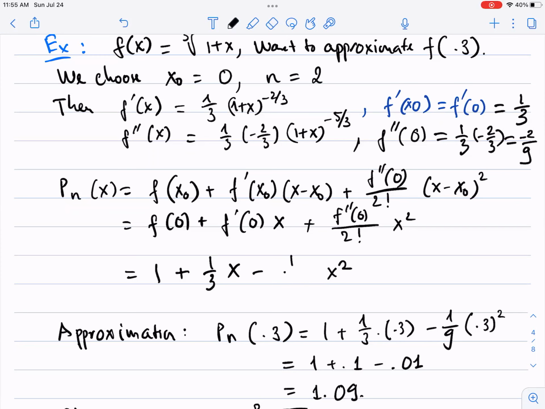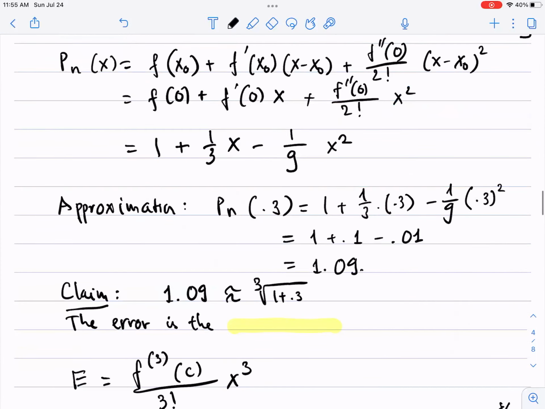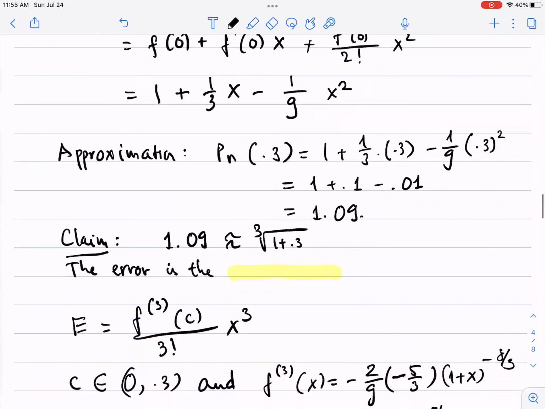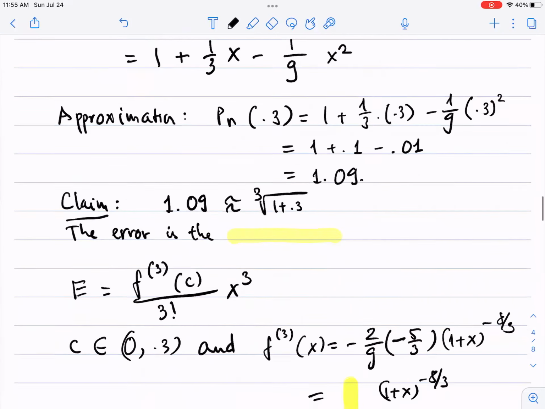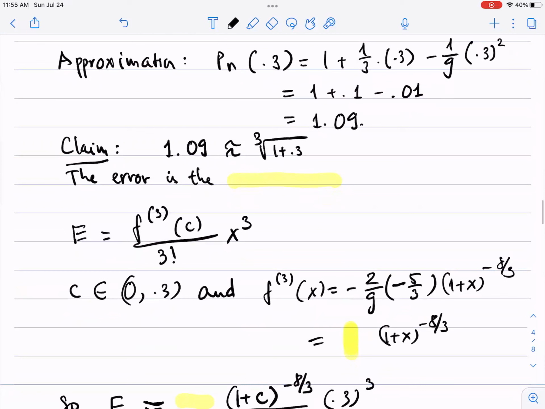So this is minus 1/9 x squared. So the approximation is Pn evaluated at 0.3 equal to 1 plus 1/3 times 0.3 minus 1/9 times 0.3 squared, and you can numerically compute this expression very easily. It is equal to 1.09. We claim that this is a pretty good approximation of the cube root of 1 plus 0.3.